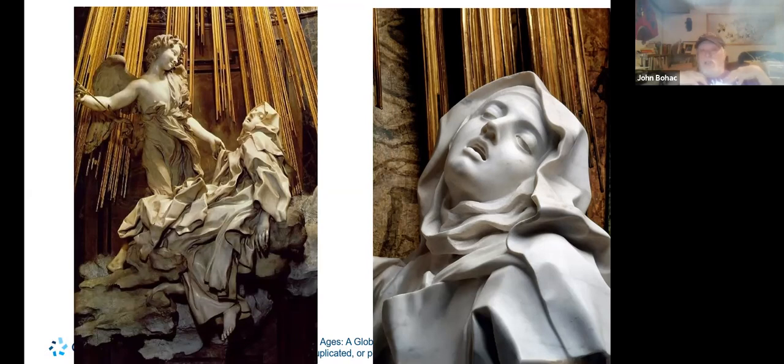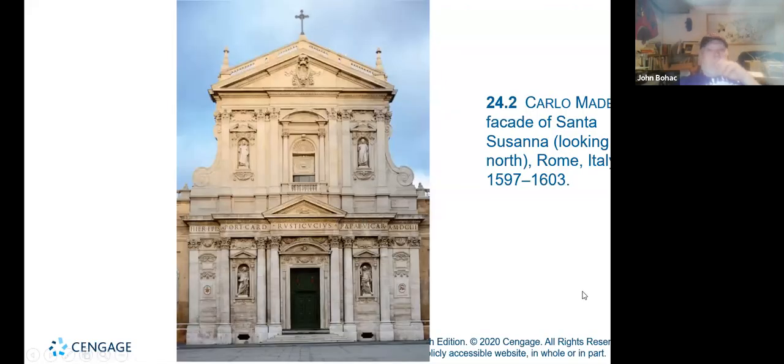You have an emotional response, whether it's comedy, where the emotion is laughter and joy, or drama, where you have empathy for the subjects, the actors, the story, and so on. And so this is Bernini's The Ecstasy of Saint Teresa. This is where they get the theatrical from Bernini.